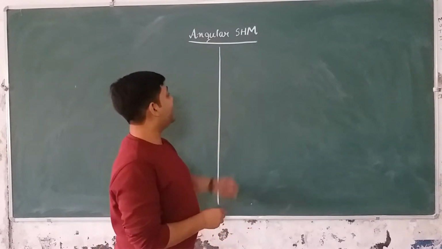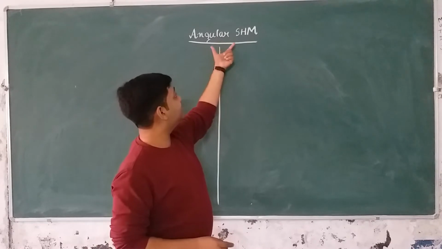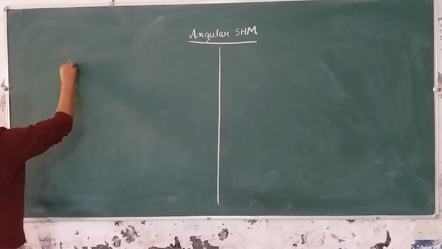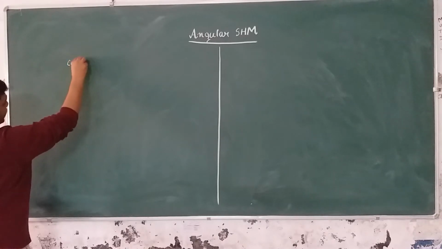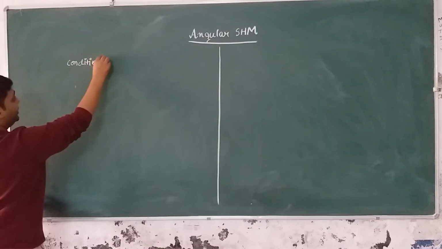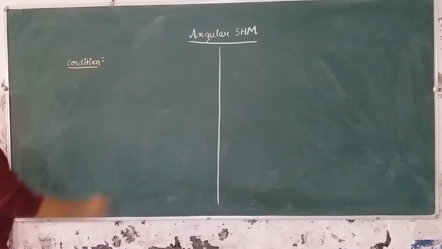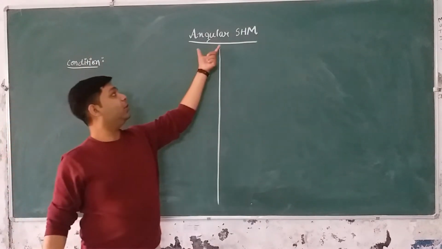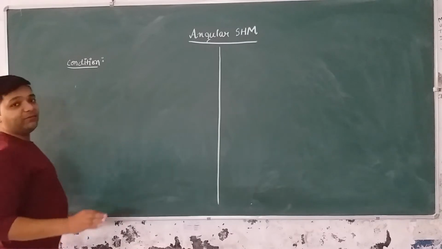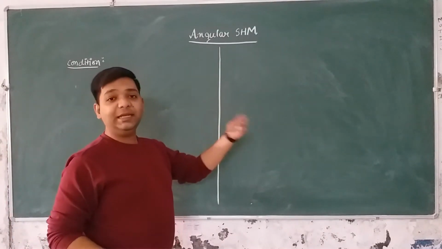So inside angular SHM, the first thing that we are going to discuss is the condition for angular SHM. So please write down condition for angular SHM. What should be the condition for a particle or a body to execute angular SHM? Till now we have learned the condition for a particle performing linear SHM.